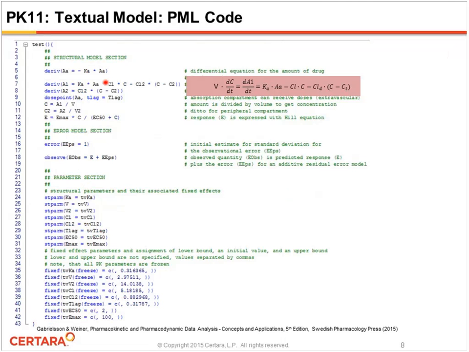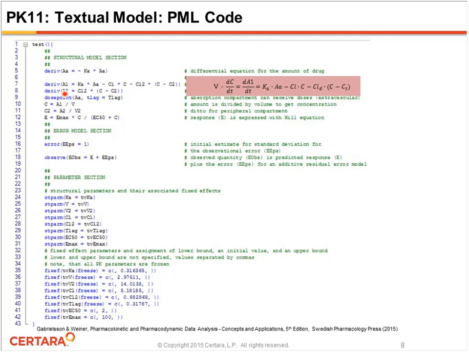The structural model section is the part where you enter the differential equation, and that has typically the form of the deriv statement, which gives you a value, for example, AA, that equals this form minus Ka times AA. So the absorption rate constant times the dose amount. Or when you look at the main differential equation here at the center, this actually is directly adapted from the reference, from the book, that you just enter here.